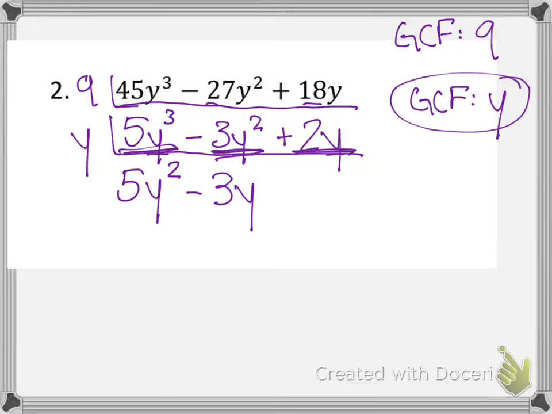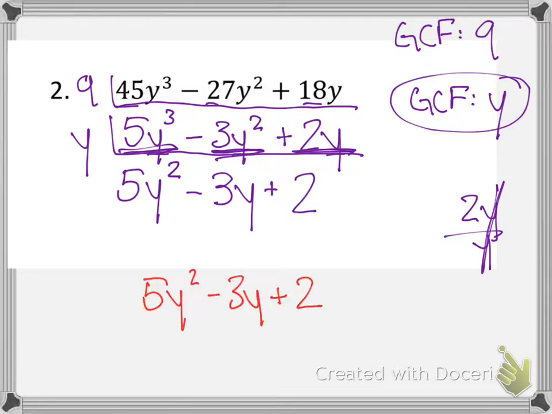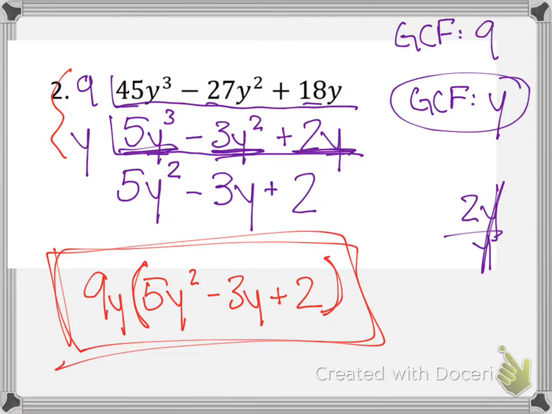And 2y divided by y, those y's again are going to cancel out, and all I'm going to have left is 2. So my final answer is 5y to the second minus 3y plus 2, all in parentheses, and my 9y goes outside of my parentheses. And that's my final answer.